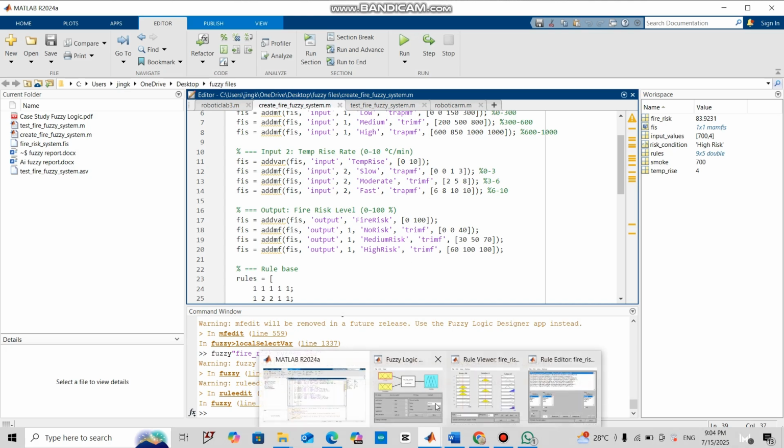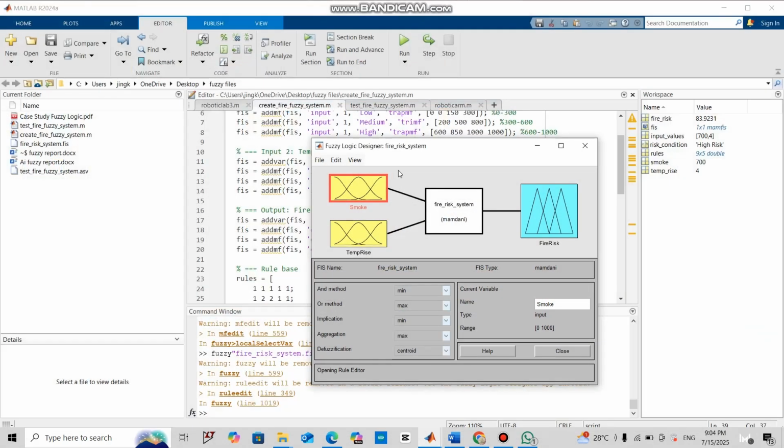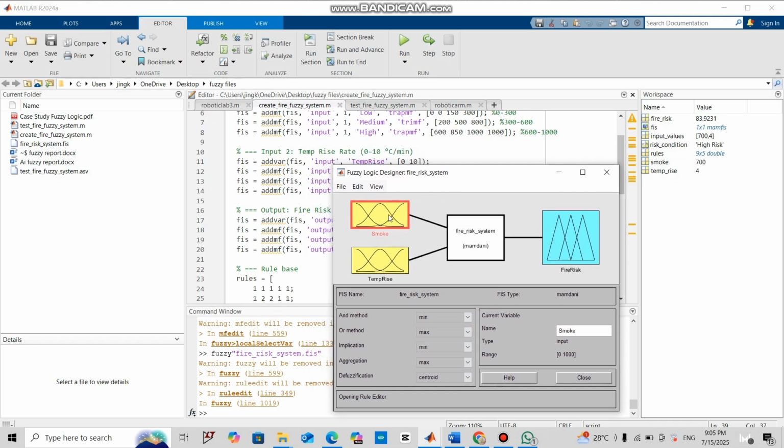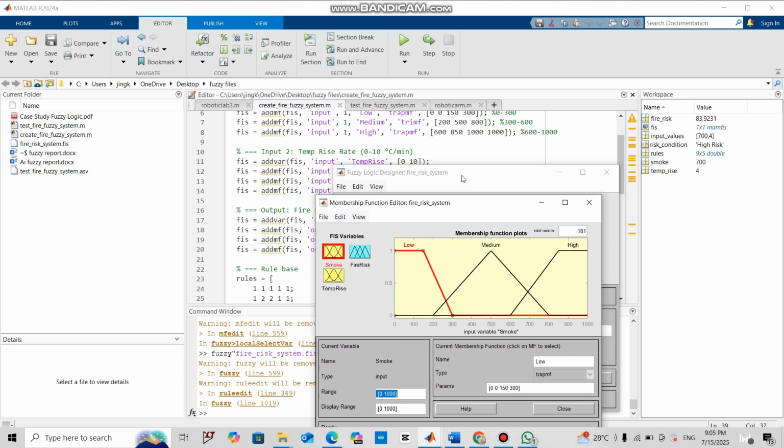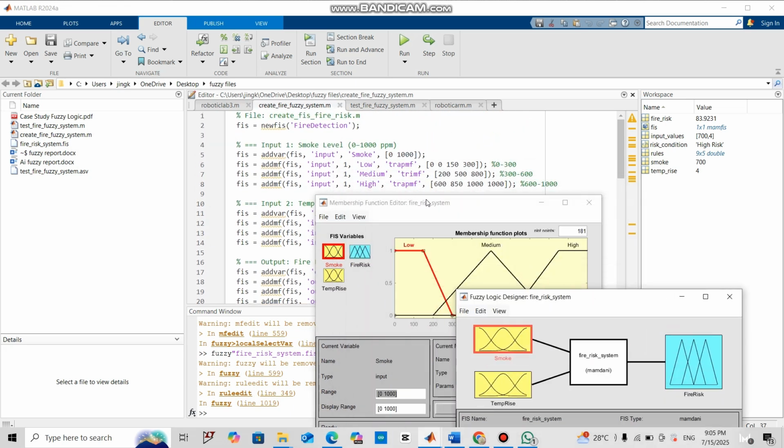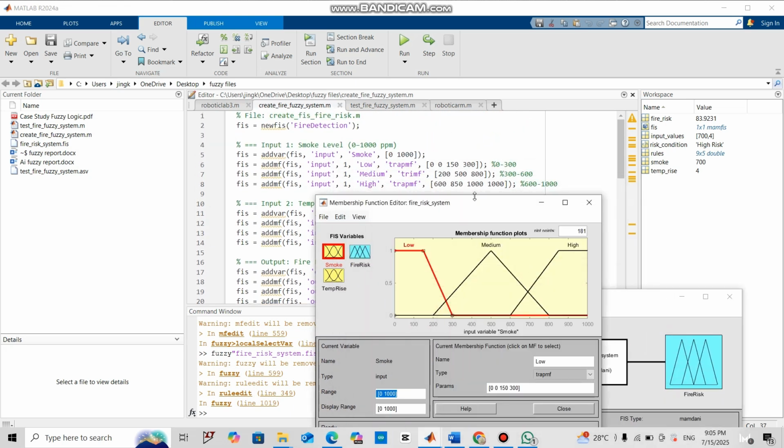I would like to show my smoke graph, which I mentioned just now. For the low property, it is using the trapezium membership function, my medium is using a triangular membership function, and my high is using the trapezium membership function as well.